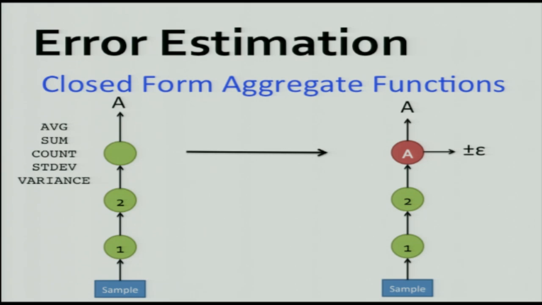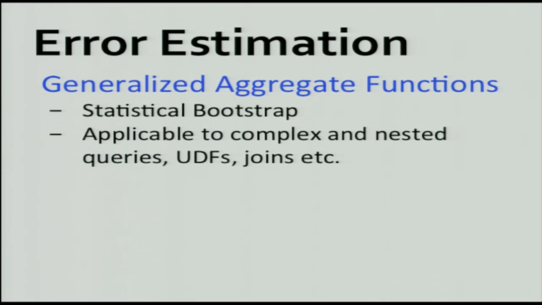However, these aggregate operators are limited, which is why we need some kind of generalized aggregation or error estimation function as well. The generalized aggregation function uses a technique such as statistical bootstrap to estimate this error. And this technique is actually applicable to even complex and nested queries. It can be applicable to user-defined functions or even queries that may have joins in them.